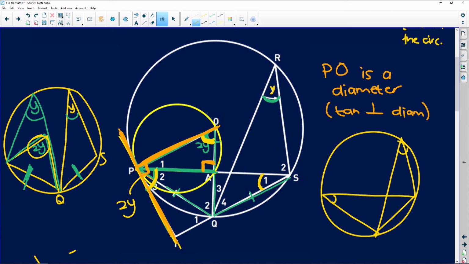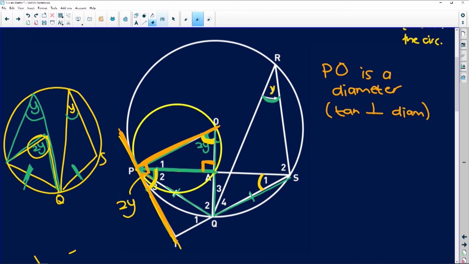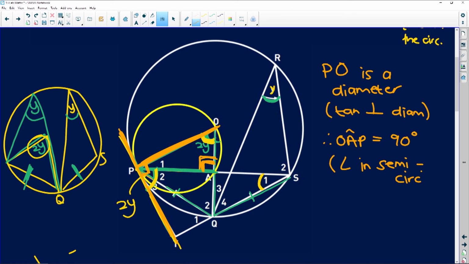So, if we can prove that that is a diameter, which we've just done, we can therefore say that this diameter subtends a 90 degrees on the circumference. Therefore, OAP is equal to 90 degrees. Why? Because of angle in a semicircle.